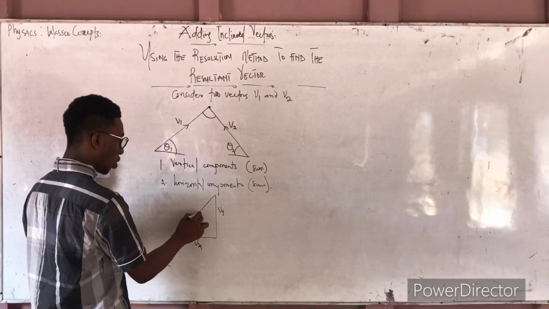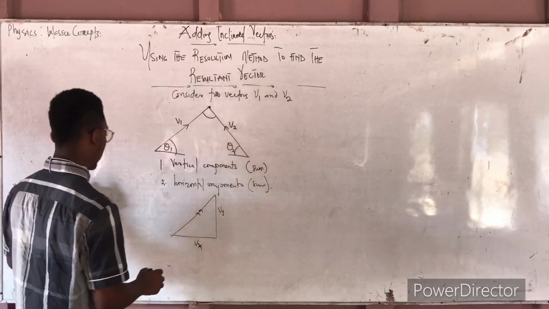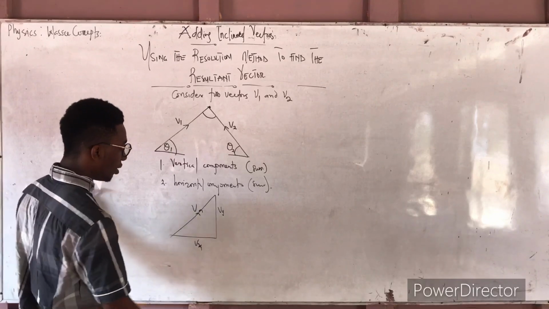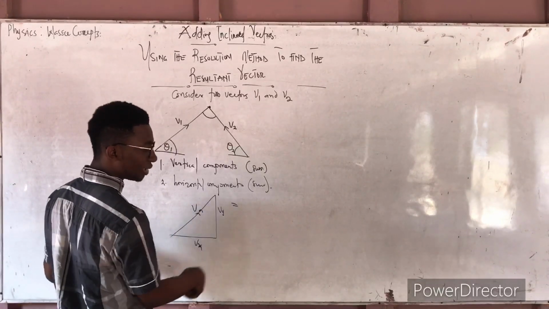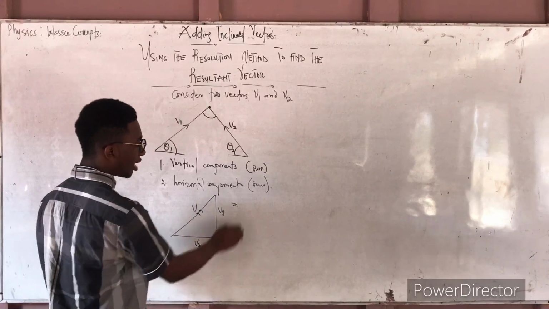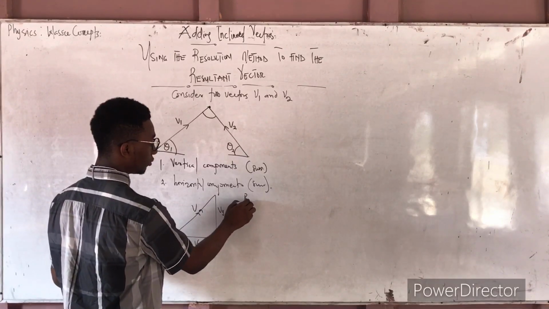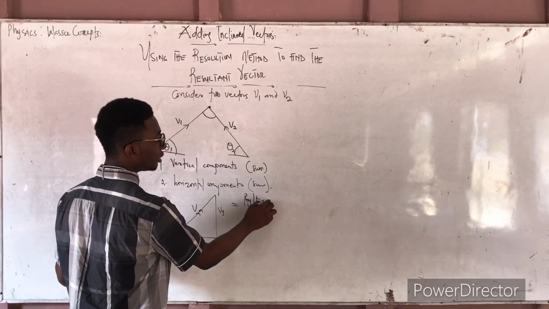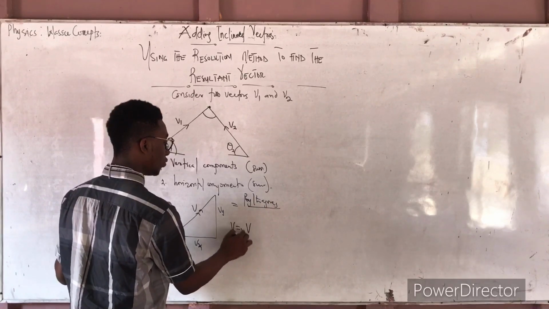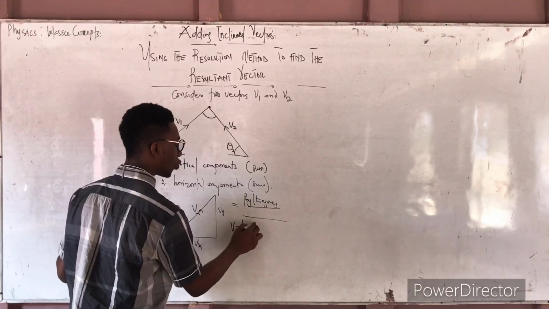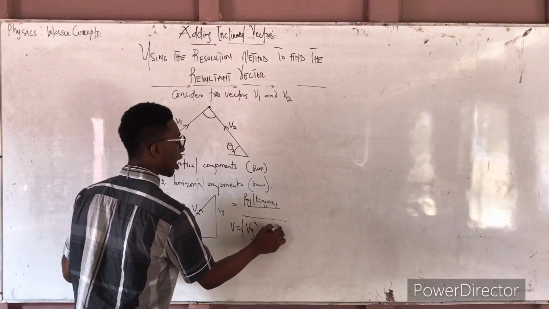Once we have the summed vertical component, Vy, and the summed horizontal component, Vx, we can find our resultant vector, which is very simple using the Pythagoras theorem. The resultant vector V becomes the square root of Vy squared plus Vx squared.